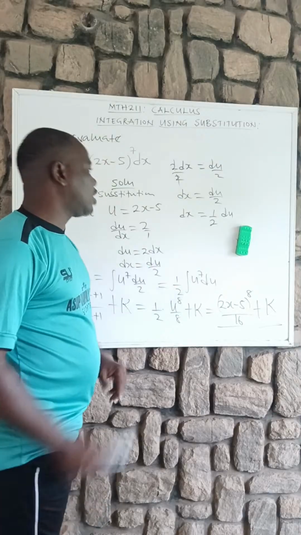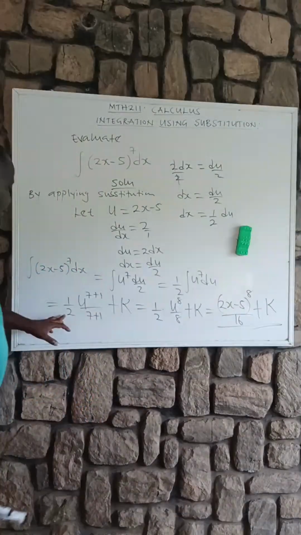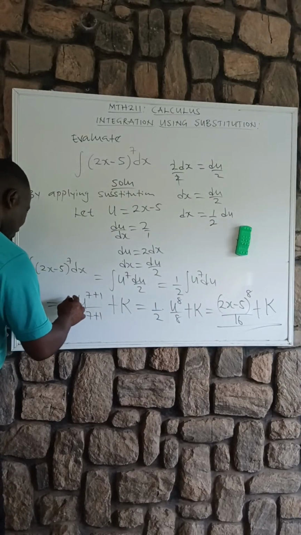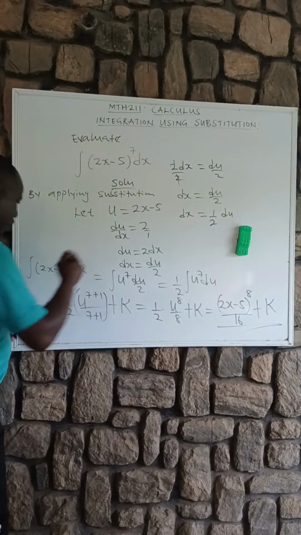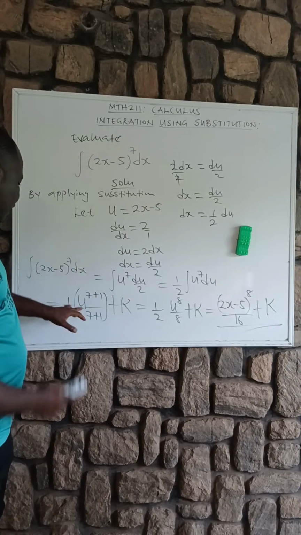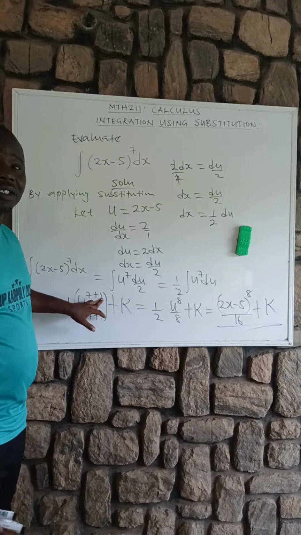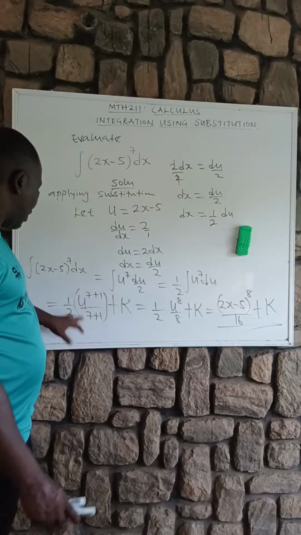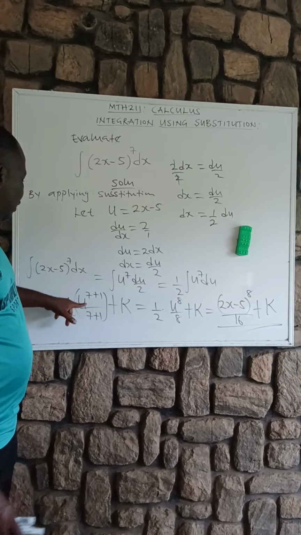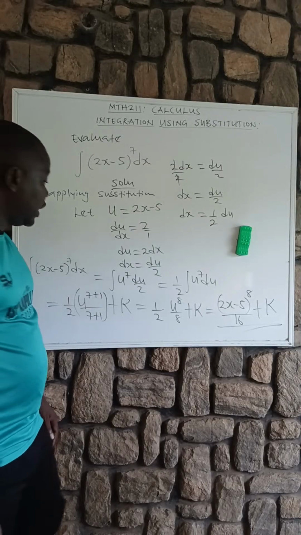So integrate this function. If you integrate this function, this is what you are going to have. If you want to leave the 1 all over 2 in bracket form, no problem. So we are going to have 7 plus 1, according to the formula of integration, all over 7 plus 1, plus any constant. 7 plus 1 is what? Is it not 8?